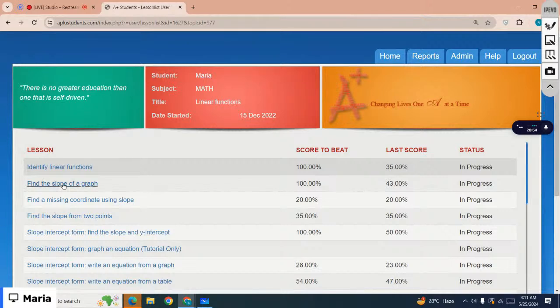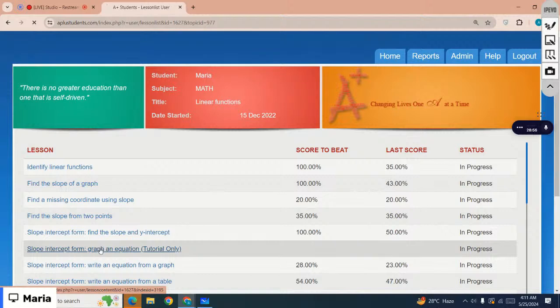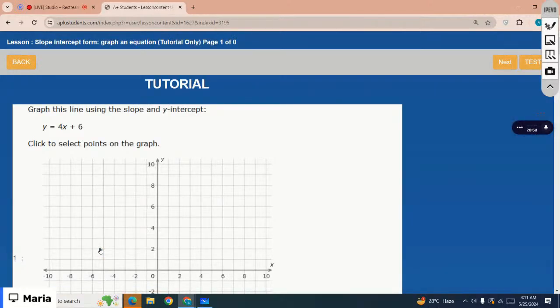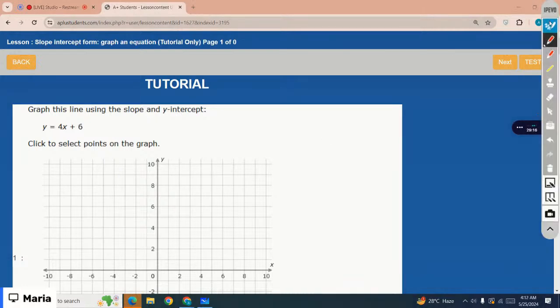Slope intercept form, graph an equation. Okay, so graph the line using the slope and the y-intercept. So you are given the slope and the y-intercept. You have to see how do we make a graph, right? The equation is y equals 4x plus 6, right?